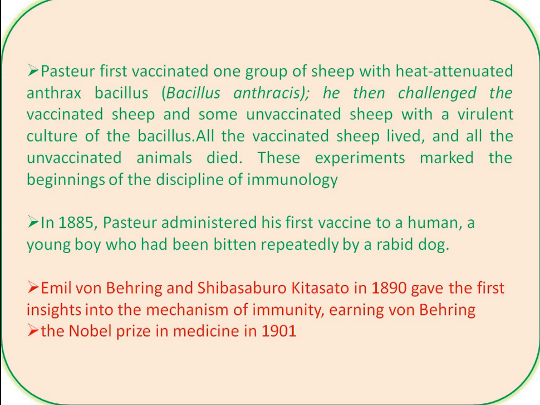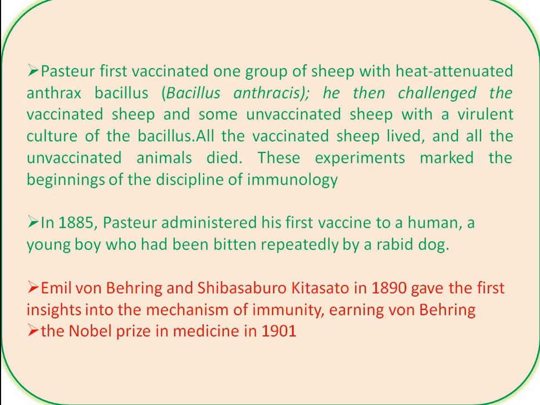These experiments marked the beginning of the discipline of immunology. In 1885, Pasteur administered his first vaccine to a human, a young boy who had been bitten repeatedly by a rabid dog.